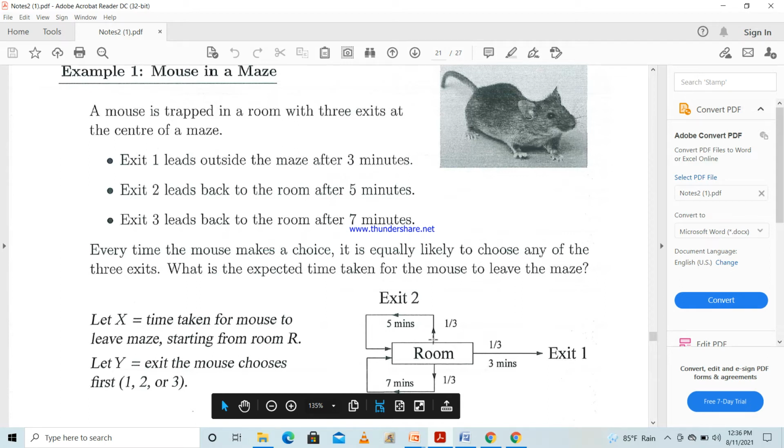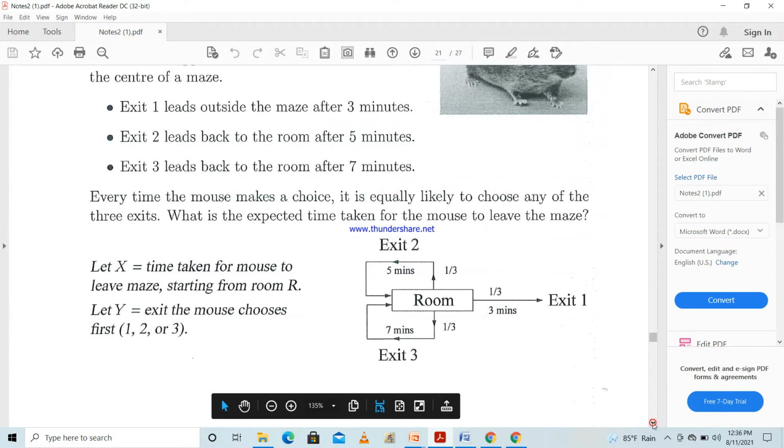But if the mouse takes exit 2, it will come back to the same room after 5 minutes. And if it takes exit 3, it will come back to the same room after 7 minutes. We want to calculate the time taken for this mouse to leave the maze, starting from this given room. So we can see that if the mouse is in this room, there are three options.